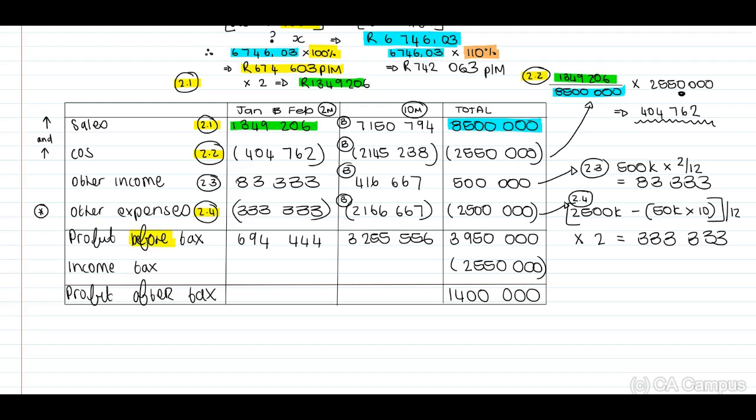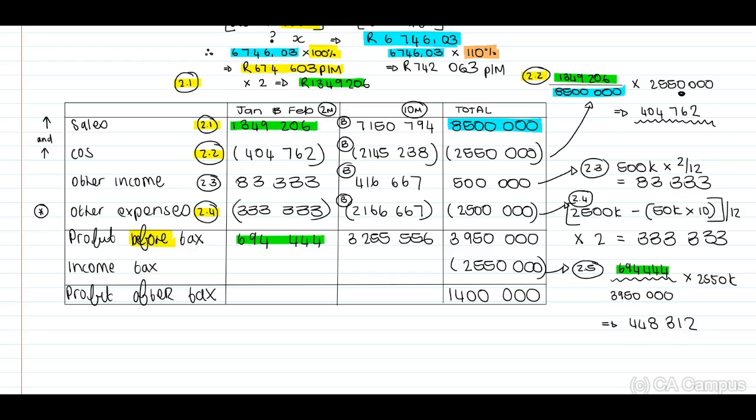Now we need to calculate our income tax. Again, guys, you need to do this proportionately. Call this calculation 2.5. Proportionately will be the 694,444, which is our profit before tax of January and February, divided by our total profit before tax of 395,000 times our income tax of 255,000, and this will be a total amount of 448,312.